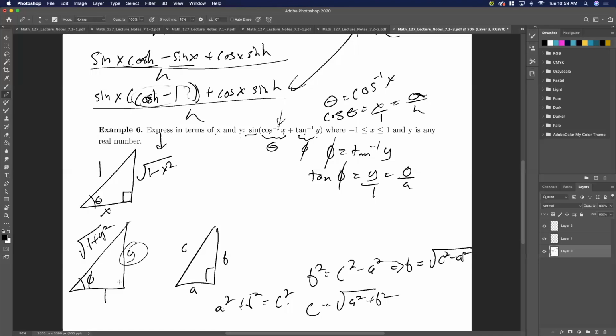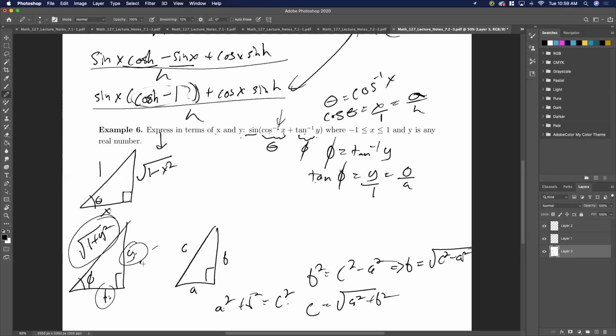Here, I know this is y and this is 1, because phi is the ratio of the opposite over the adjacent. That's what tangent means, opposite over adjacent, for your right triangles. And so if I make that triangle, here I have y over 1, and my other length of that triangle comes from this.